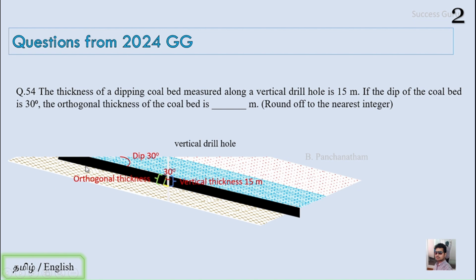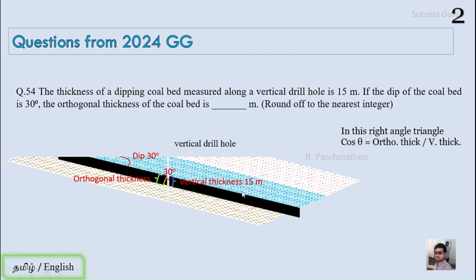We can use the sine, cos, tan relationships, and for this question we are going to use the cos theta relationship. As you know, cos theta is equal to adjacent by hypotenuse. If this is theta, this will be the adjacent side, which is the orthogonal thickness, and this is the hypotenuse, which is the vertical thickness.